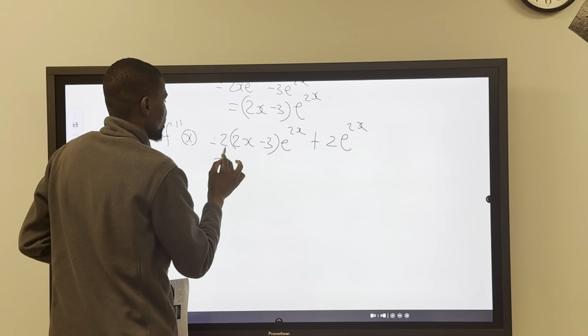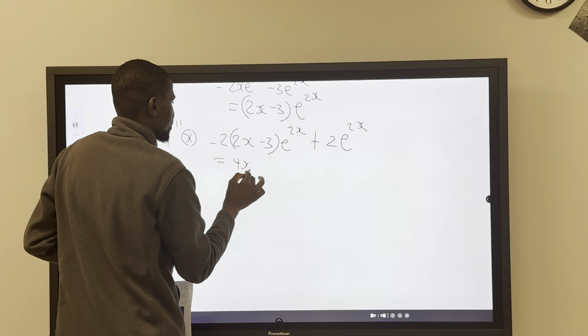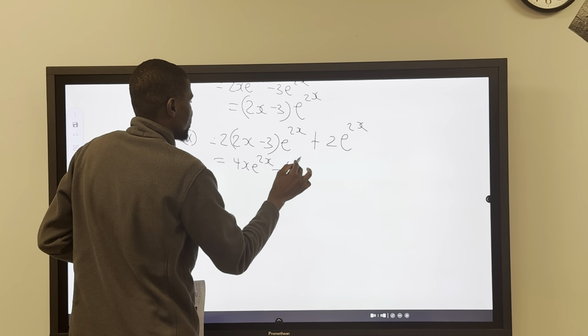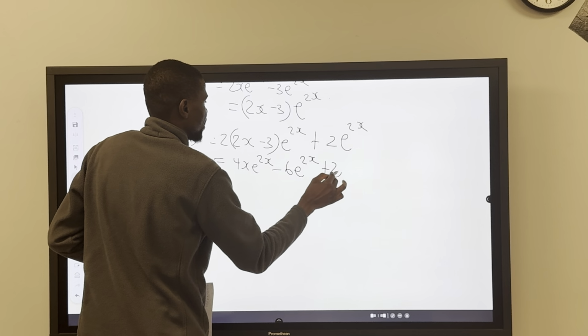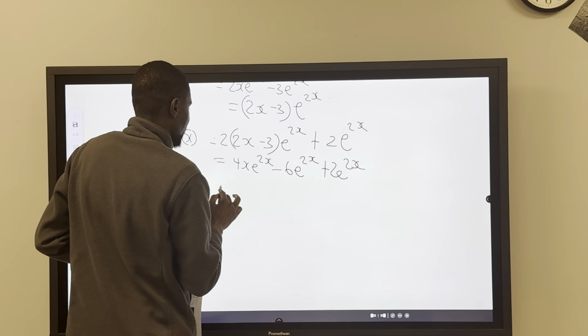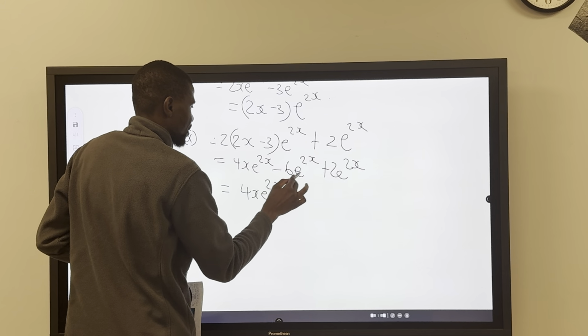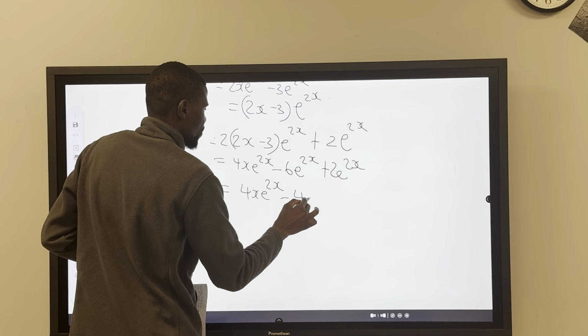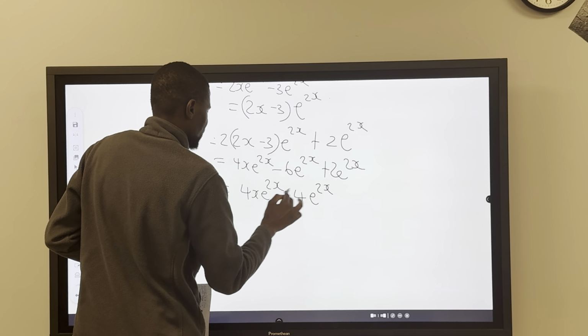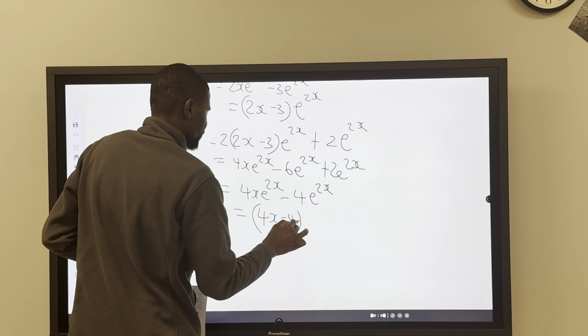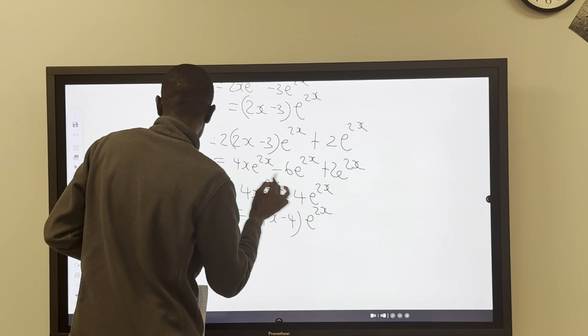So it's going to be 4x e to the 2x minus 6 e to the 2x plus 2 e to the 2x, which is equal to 4x e to the 2x minus 4 e to the 2x. Then we have 4x minus 4 e to the 2x.